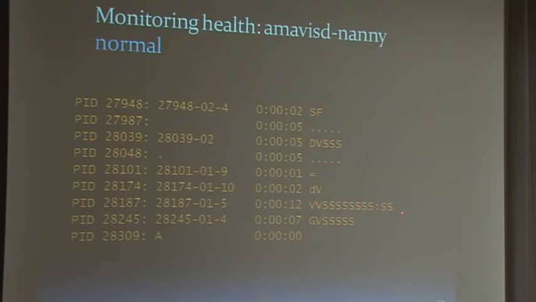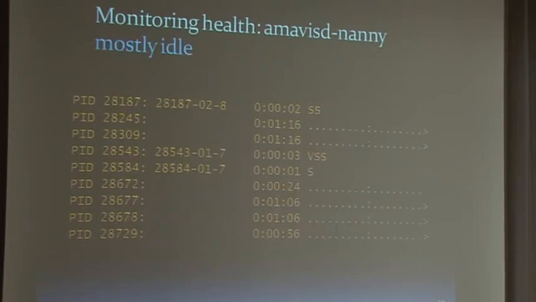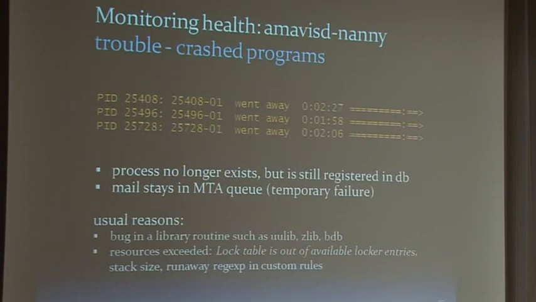It's running spam checking for 10 seconds now. So this gives a quick look into the health of the system, not into detail, just to see if everything is all right, if there are some idle processes or everything is busy. This is mostly an idle system. You get all the dots.